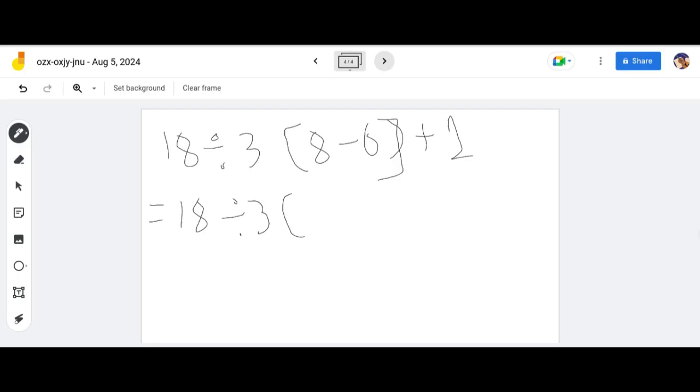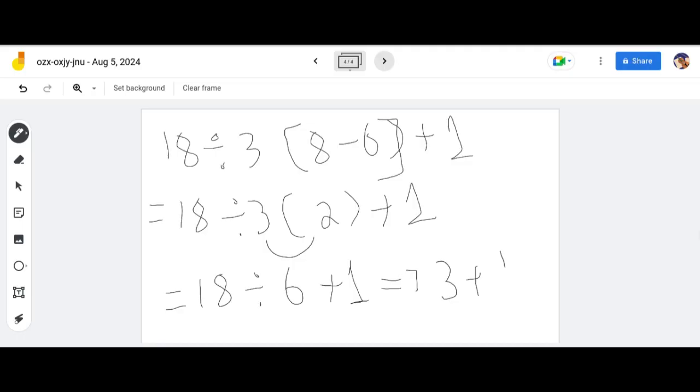Yes, 2. Then we have to do the multiplication here also. 3 2s are 6. Now we have to do the division first, 18 divided by 3. 3 plus 1, 4. I just missed this number, that's why my answer went wrong.